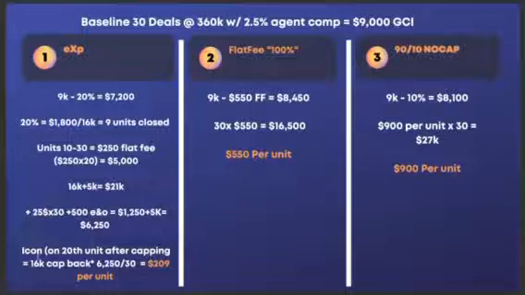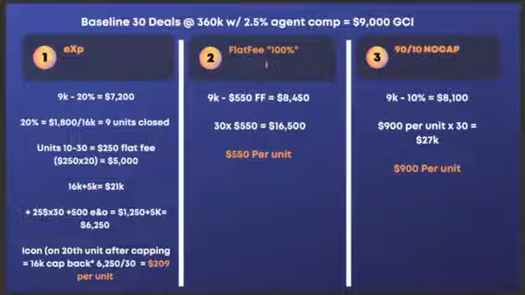At eXp, we have what's called Icon. On your 20th unit, after capping, you're going to get your $16K cap back. That's still going to leave us with $6,250 in total fees that we have to divide upon those 30 units, which gives us a breakdown of $209 per.